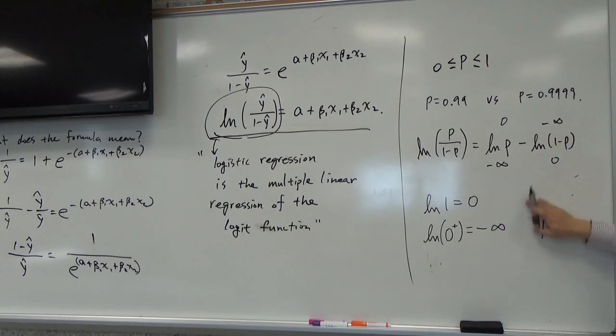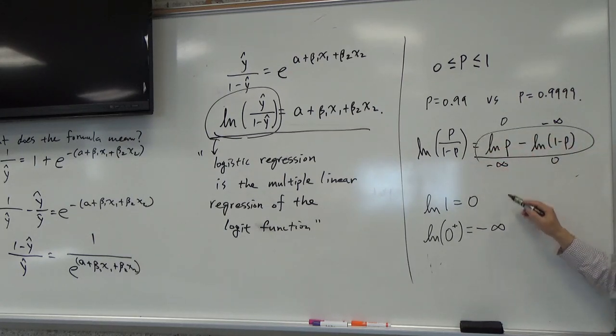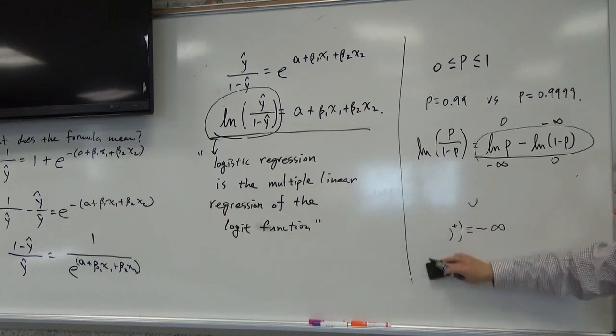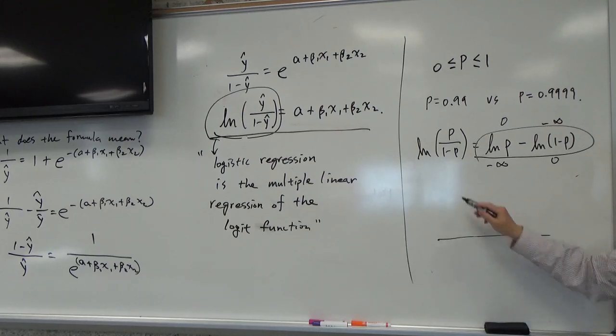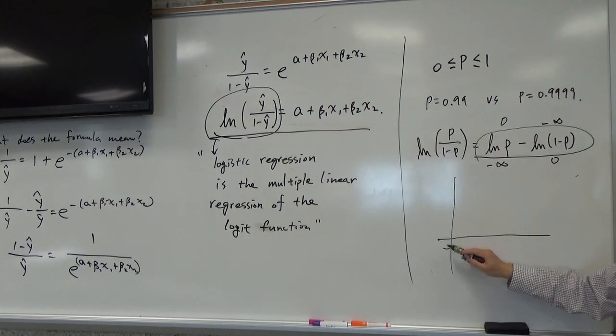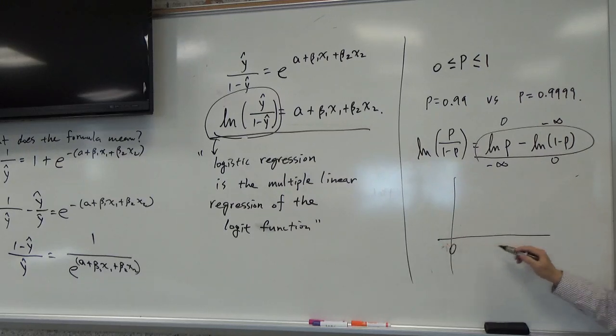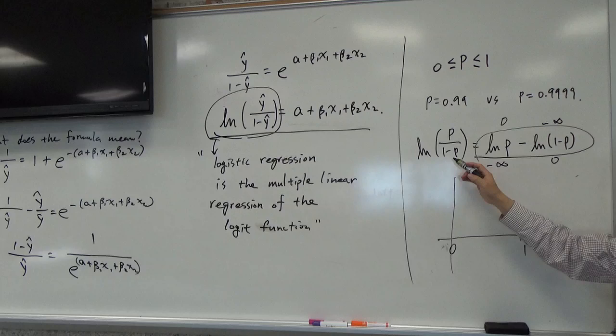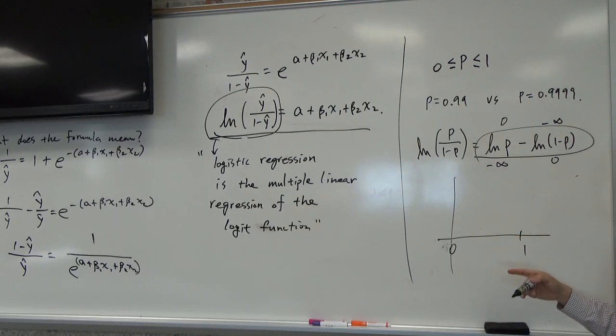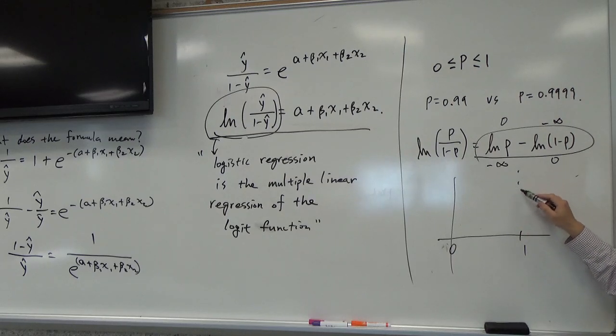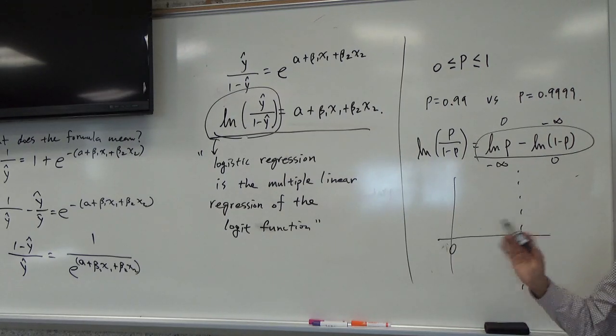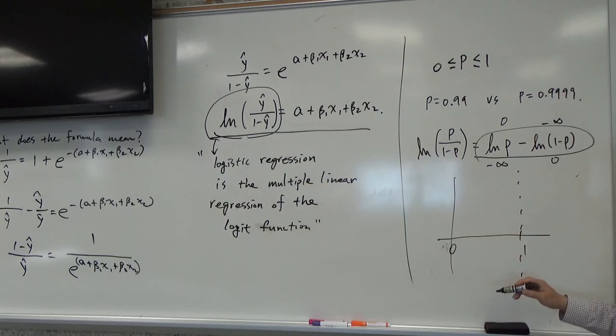So if you drew the graph of this logit function from 0 to 1, by the way, this function won't be defined if p is exactly 0 or exactly 1. But in real life, we're betting that probability exactly 1 or 0 doesn't happen.